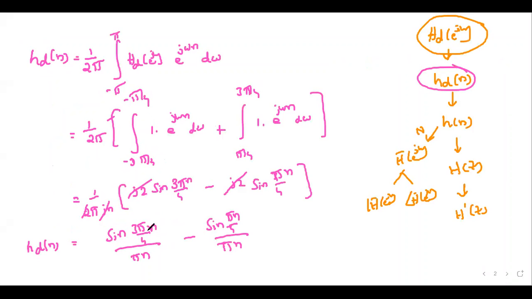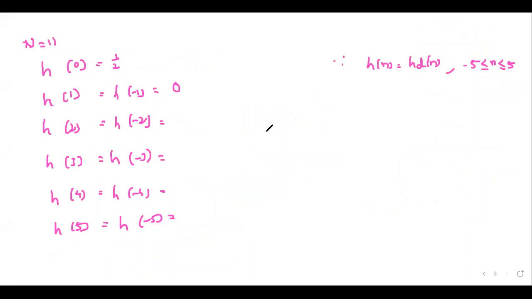So it is minus 1 minus 1, minus 2 by 2 pi. The 2 cancels, minus 1 by pi. How much? Minus 0.318. Very good. Next value, h of 3.